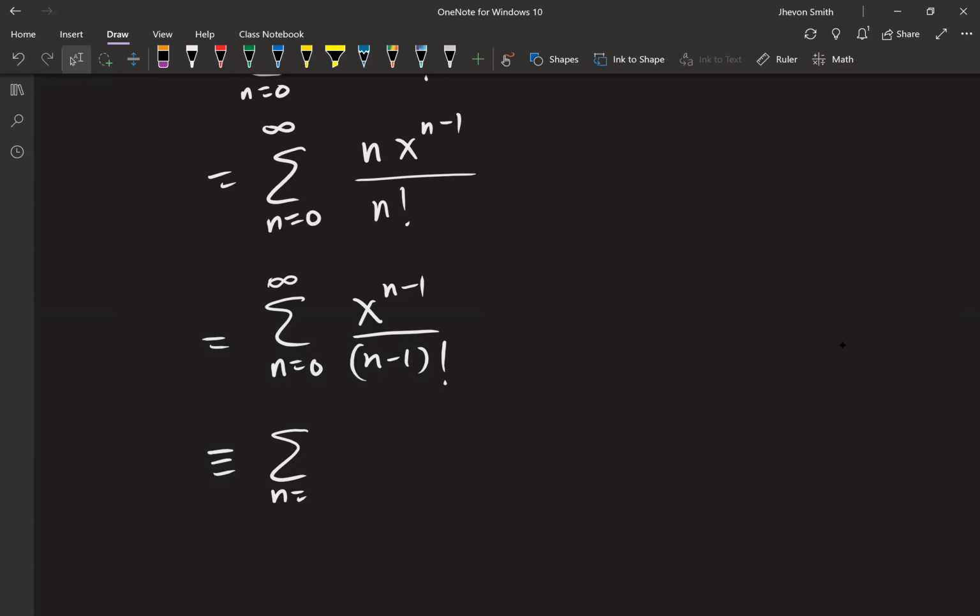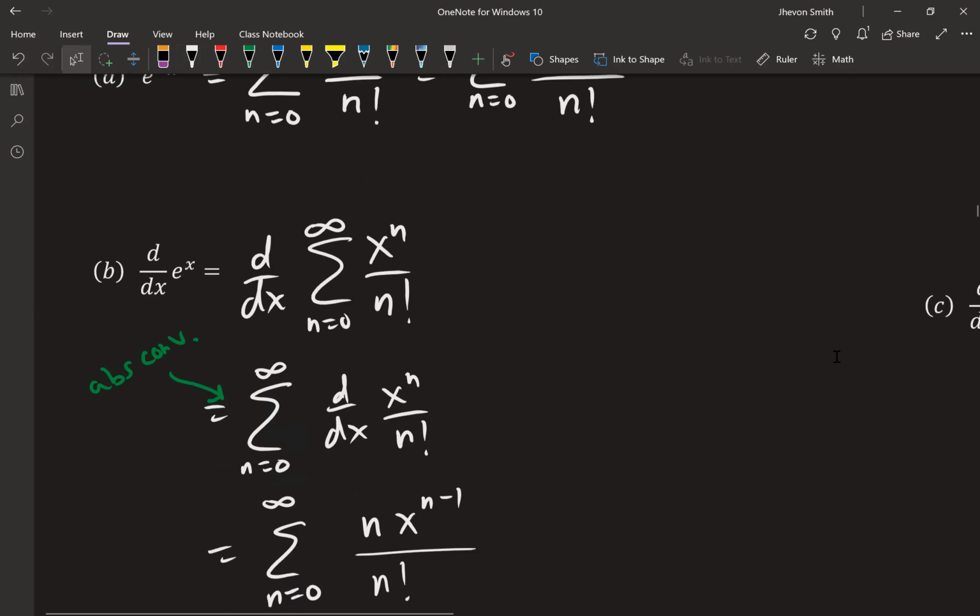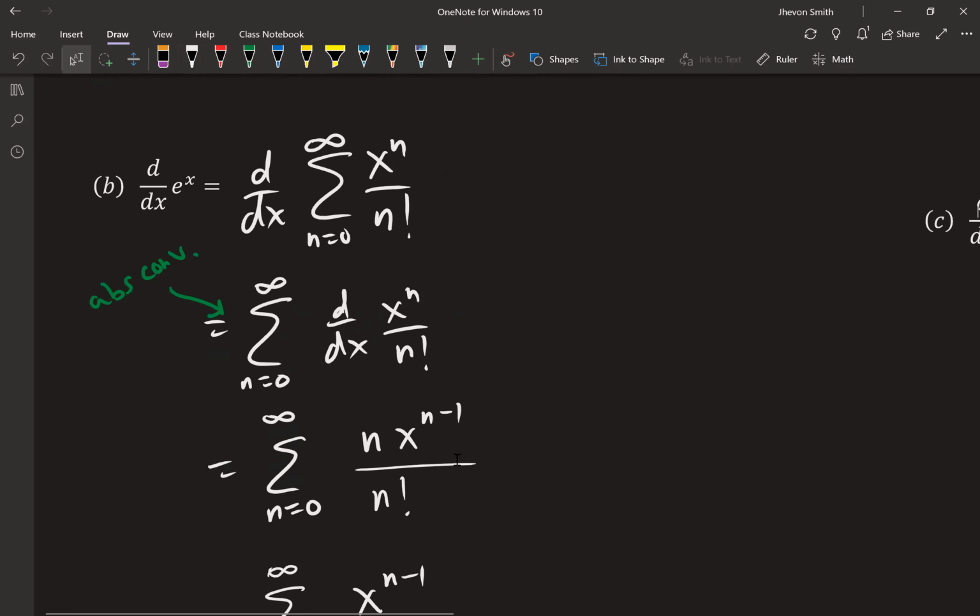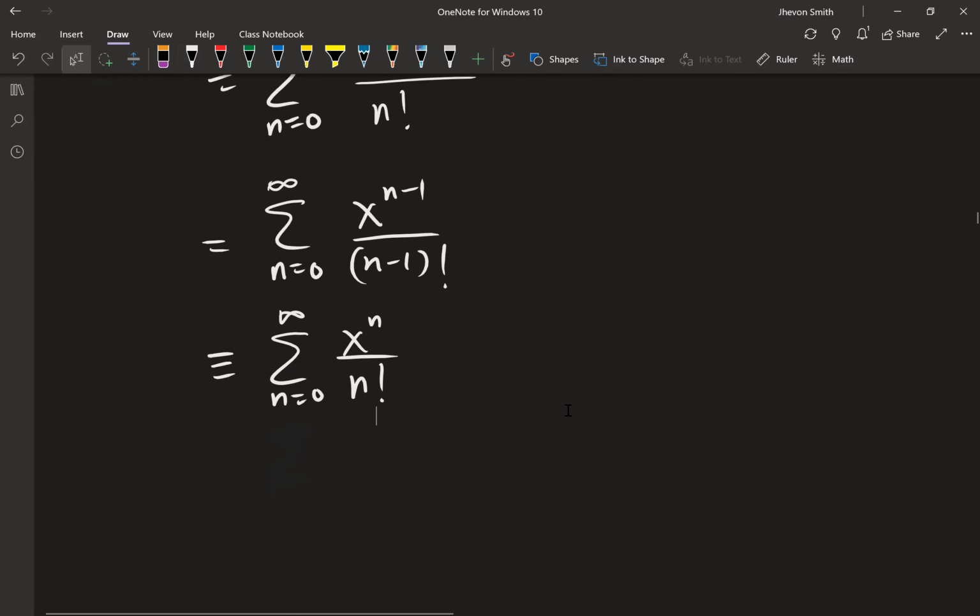It's actually equivalent to that. We can do the same thing. So you get e to the x; the derivative of e to the x is e to the x. Right? So if that didn't convince you, I don't know.